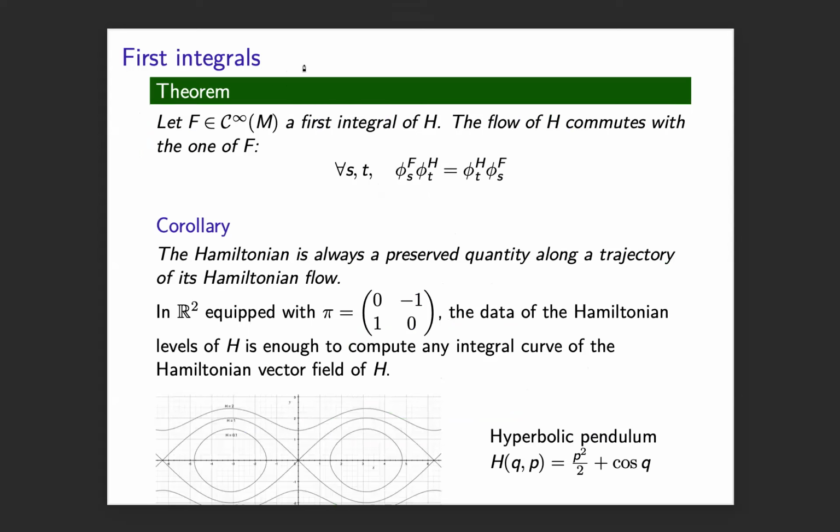So let us remember what the first integral is. So F, the smooth function, is the first integral of H if the bracket of F and H is equal to 0.